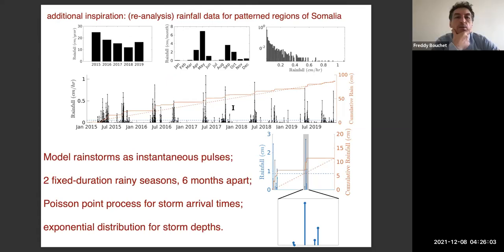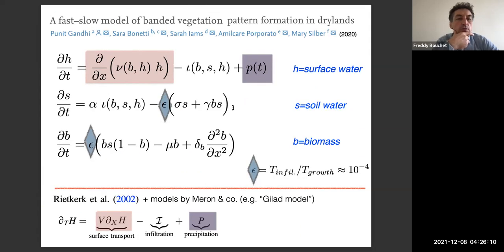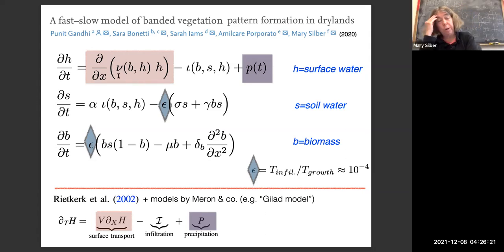Mary, may I ask you, in your equation before, it's a V of B and H, a velocity. So what is this velocity? I will show you. What we did was we wanted to put in surface roughness.